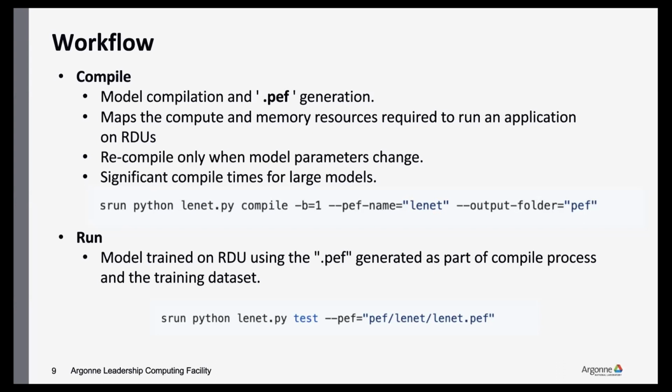Here is a small snippet of how a compile command may look. We can go through each of these command arguments separately. Lenet here is just the example application that we are considering. It's the Python file, and it is indicated that it uses compile for this executable. Then B stands for the batch size, and the pef name is the name that you want to give it.